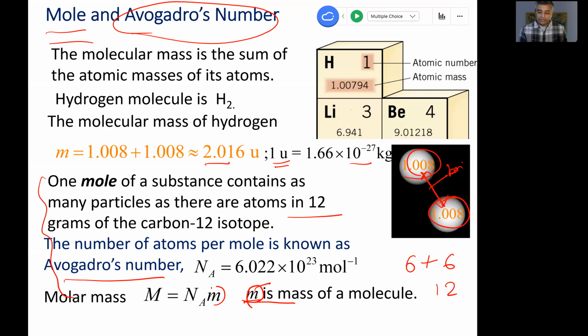If you multiply that mass of a molecule by the total number of molecules in a mole, that's going to give you the mass of the mole, right? So that's how Avogadro's number comes in handy. Since 1 mole has that many molecules, to find the total mass you need to add all of them together, okay? And adding that many is also equal to multiplying one by the number.